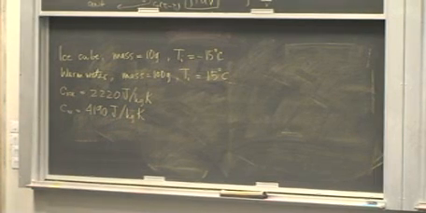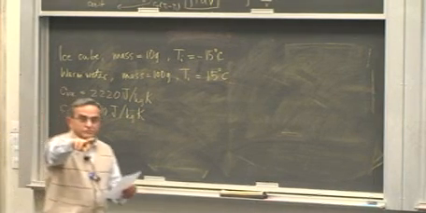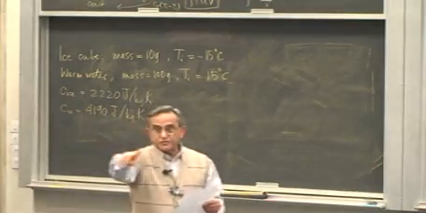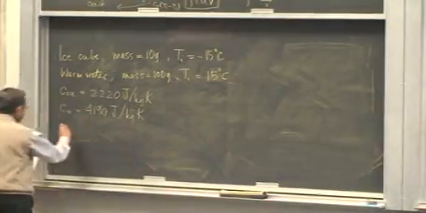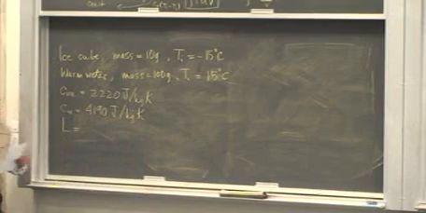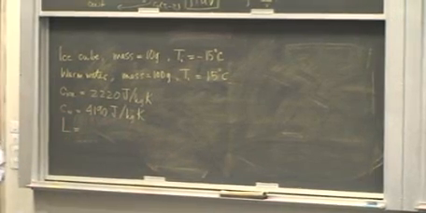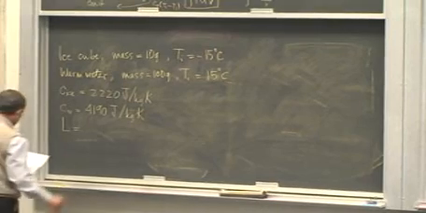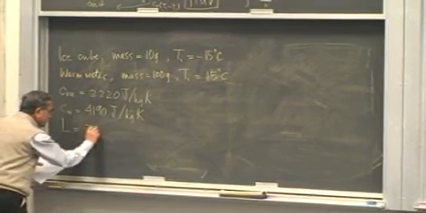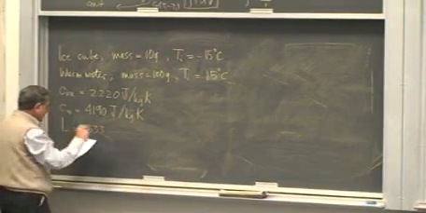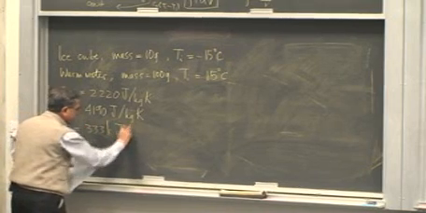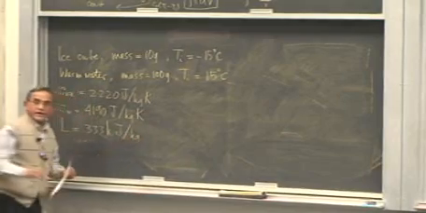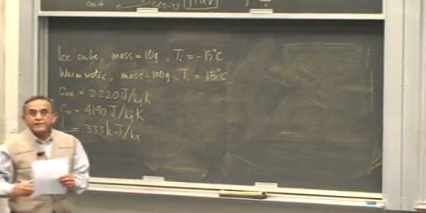But then ice will melt also, and therefore we need to know the latent heat also. And the latent heat of either fusion or solidification is given as 333 kilojoule per kilogram.